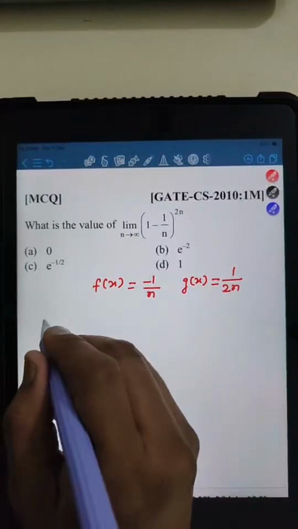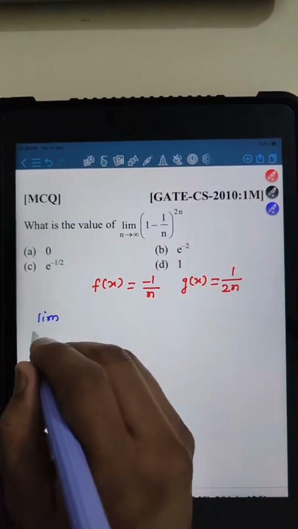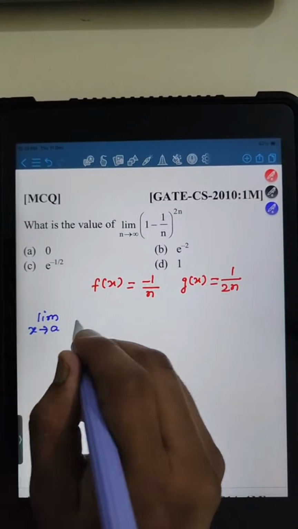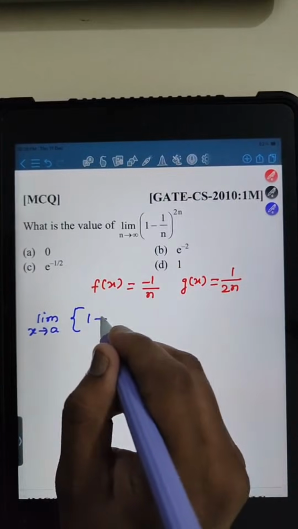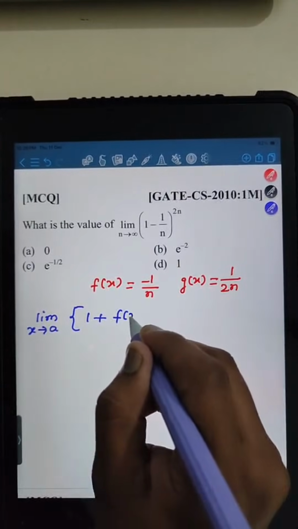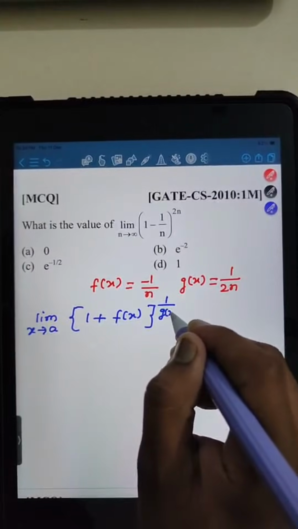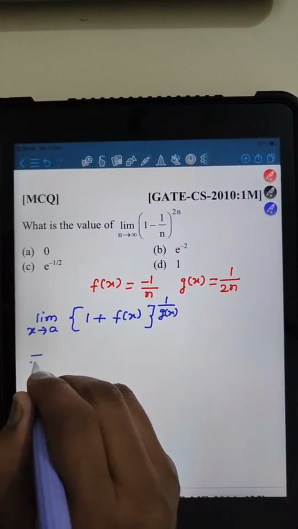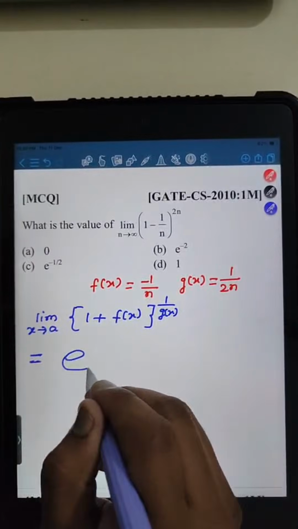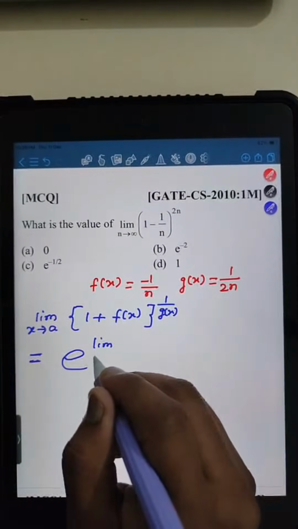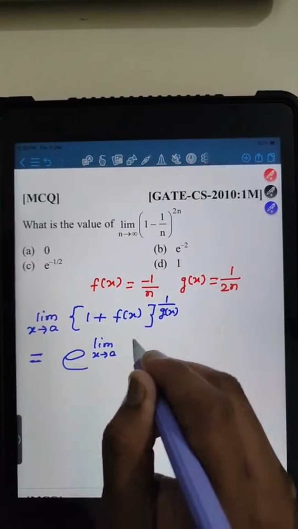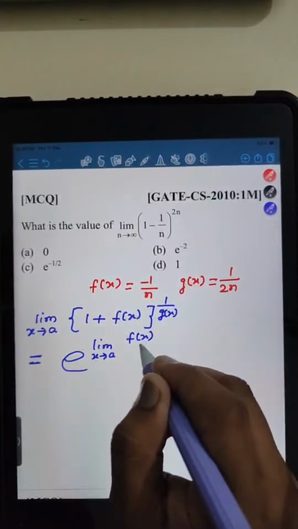Using the same property, that is limit x approaches a, (1 plus f(x)) whole raised to the power 1 upon g(x). If we have this limit, you can directly write the value of that limit as e raised to the power limit x approaches a, f(x) over g(x).